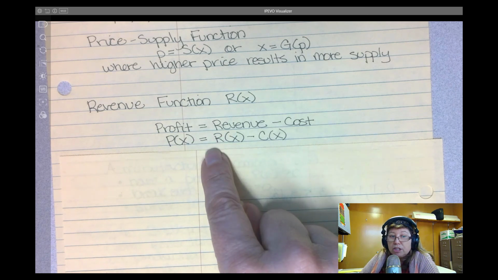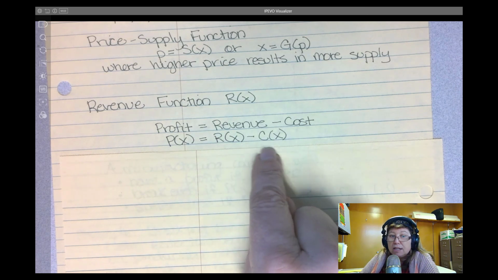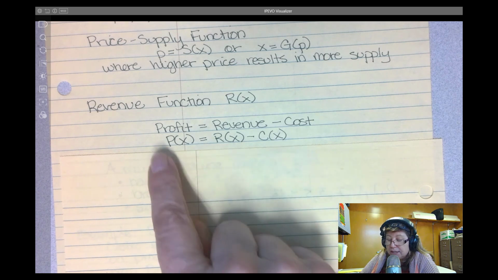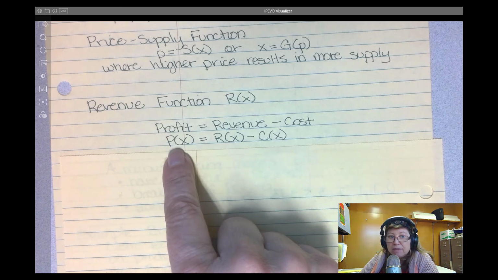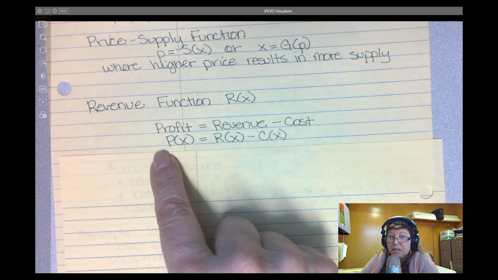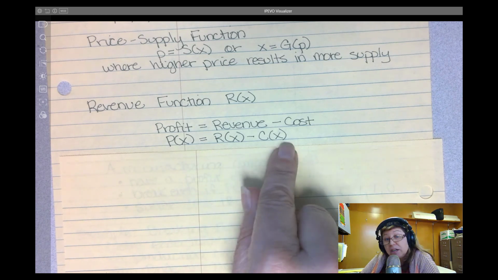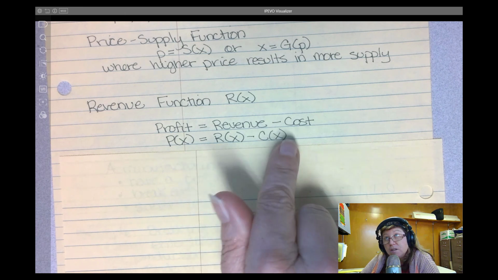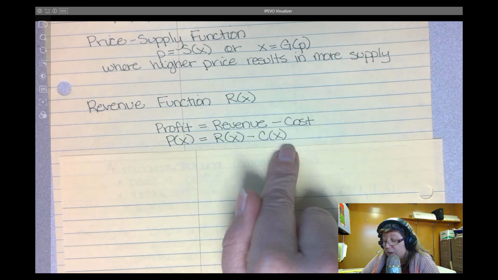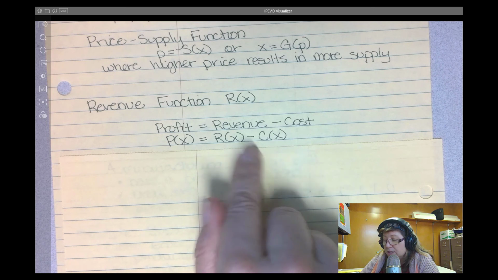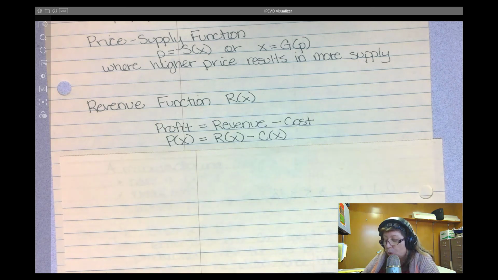Our revenue function is R of X. Our cost is C of X, and our profit, we're going to write it as a function P of X. P for profit, R for revenue, C for cost. It is all based on the number of items we sell, or I should say all the value, the number of objects that we manufacture and can be sold.